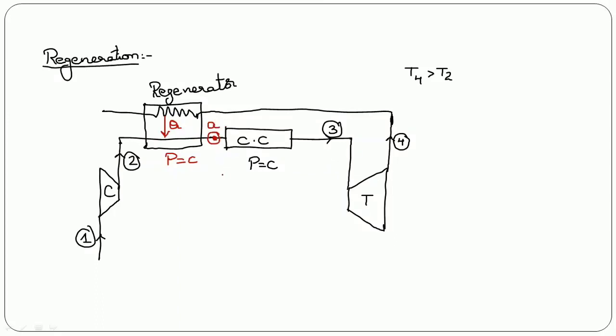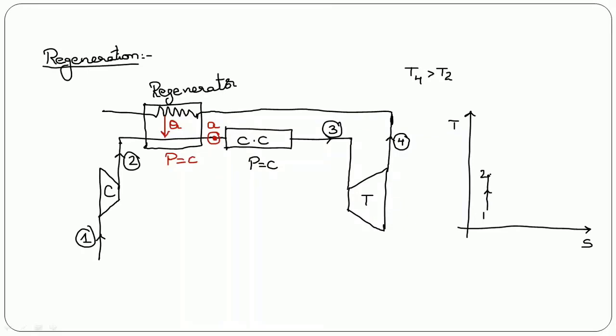So what is happening here is, if we draw the TS diagram, here process 1 to 2 is isentropic compression.